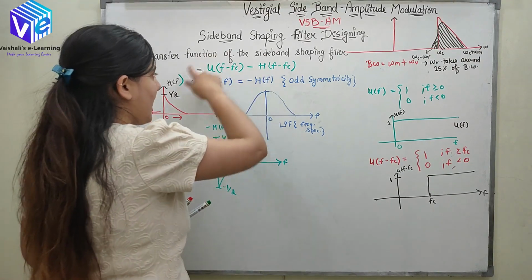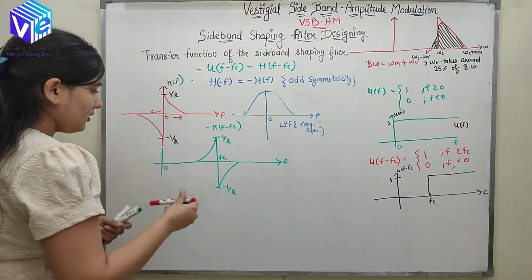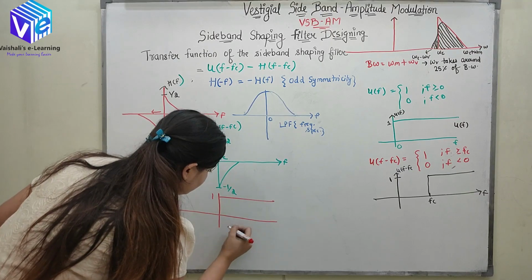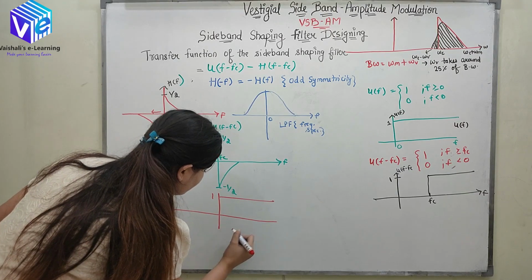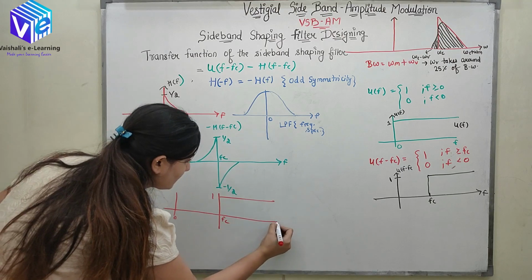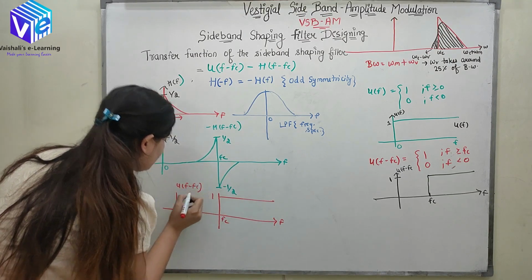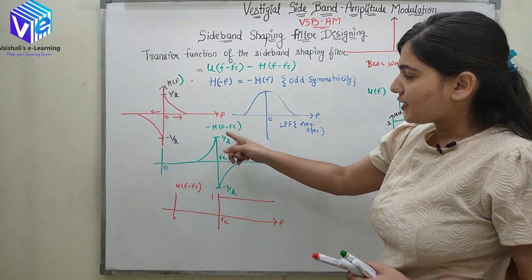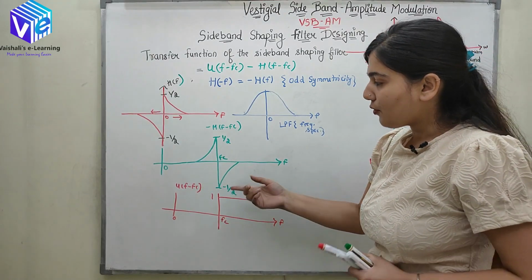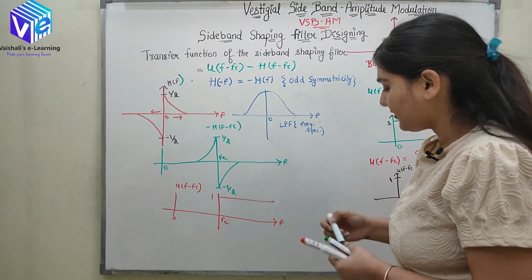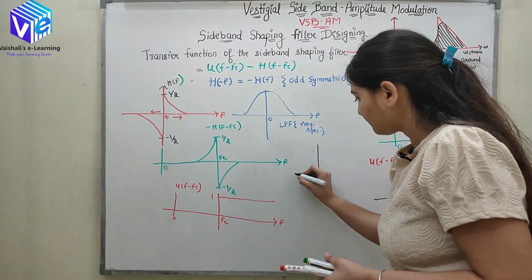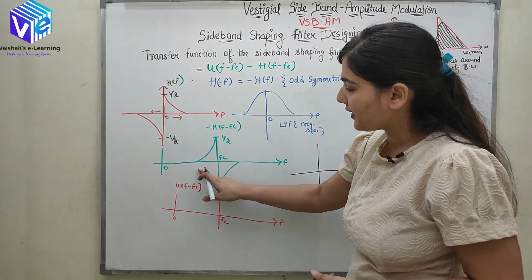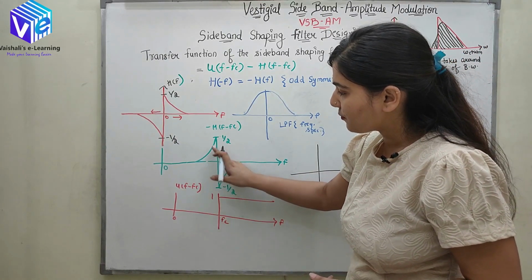Now I have to add these two. So now this was u of f minus fc, this is minus h of f minus fc. So now I'll add these two. So when I added these two, till the 1 by 2, here I have just this portion.